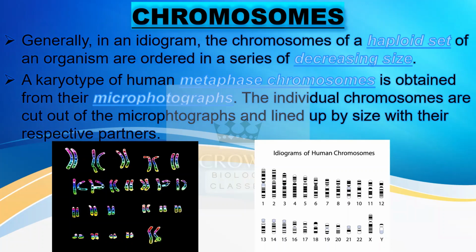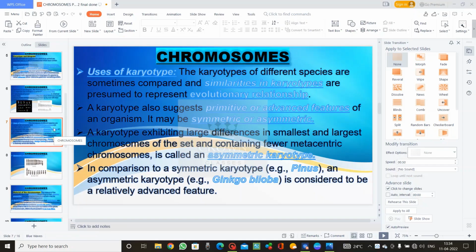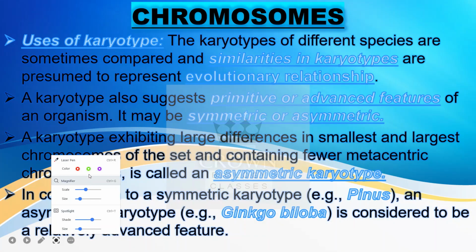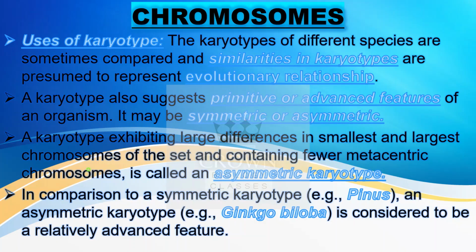And the last pair, known as the sex chromosomes or allosomes, is represented by this pair.